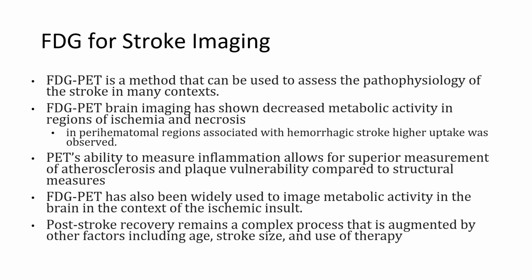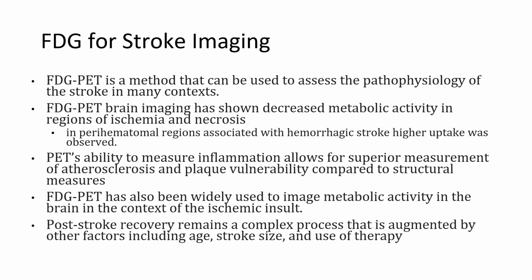All those cells are rushing to the area. You have inflammation, and then you also have the possibility of further bleeds, and then you also have some cell death that's occurring, and so all around normal metabolism. And so it's very complex, and there's a lot of things that can alter the FDG uptake in that process.